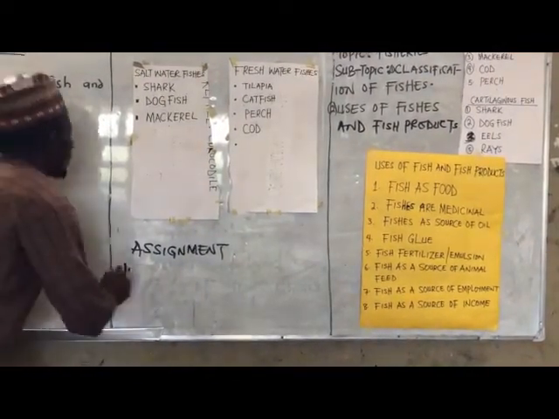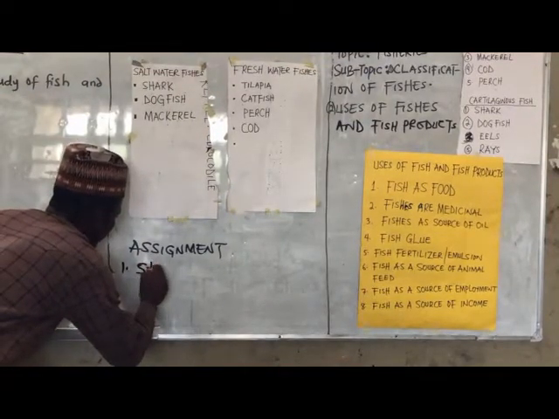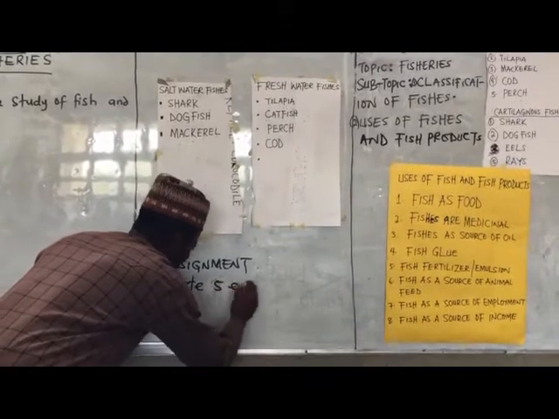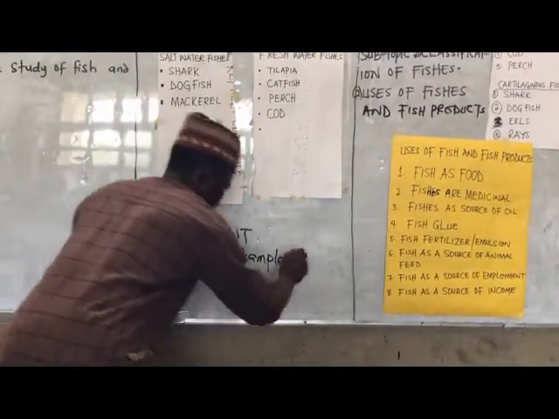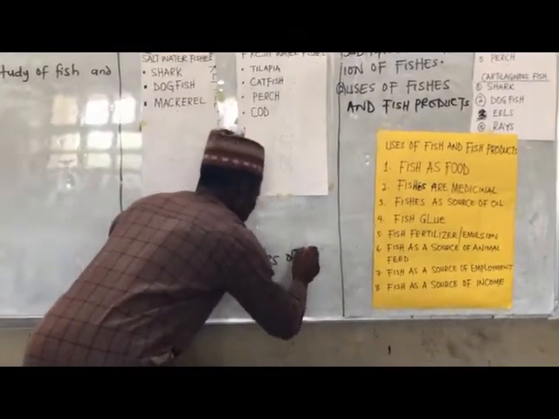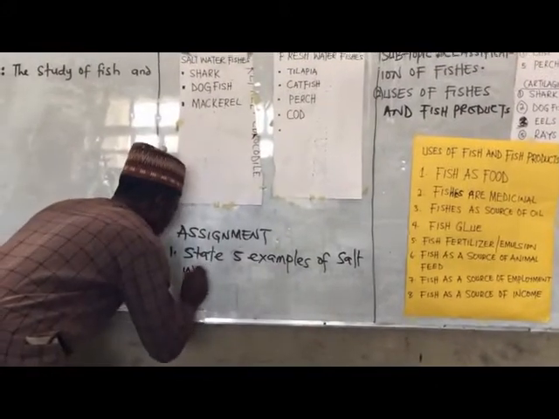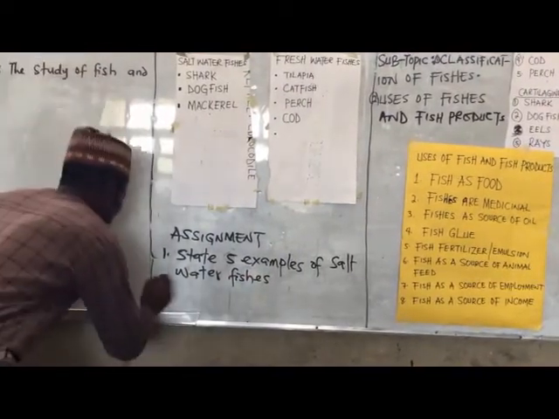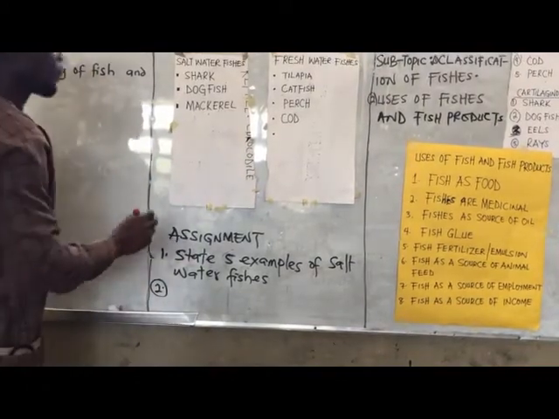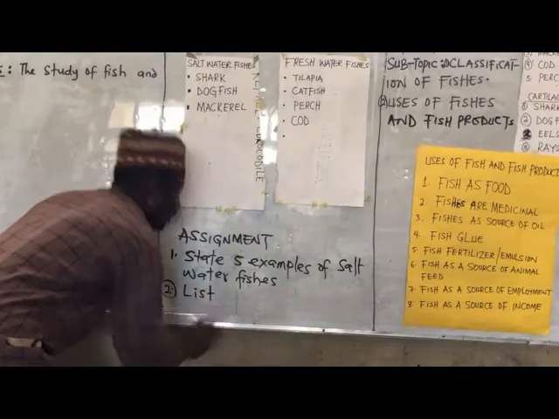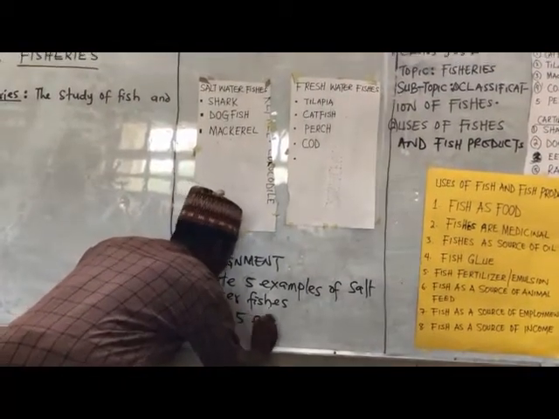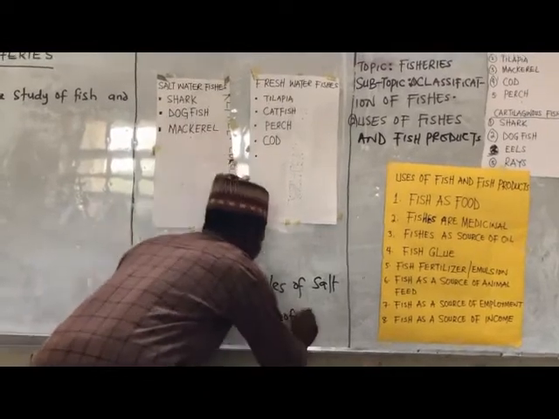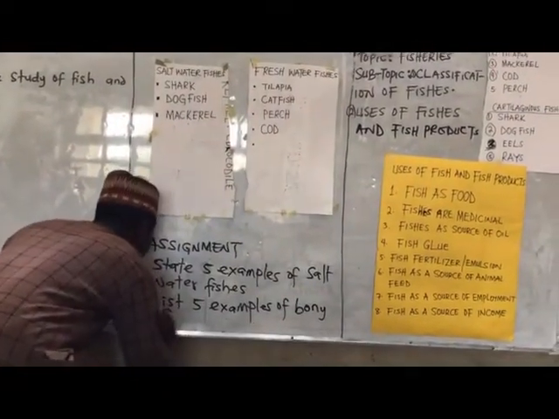Number 1, state 5 examples of salt water fishes. Then 2, list 5 examples of bony fishes.